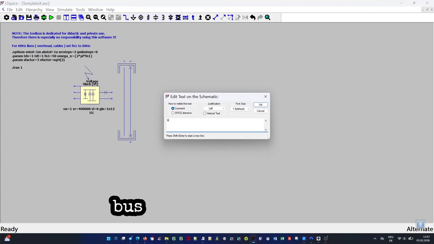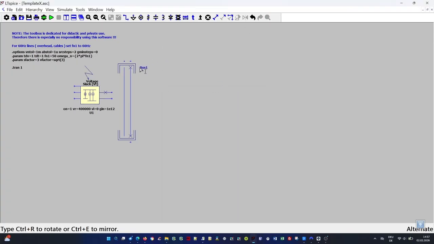I now name the bus Bus 1 with a text box. Next, I copy and name the bus twice for bus bars 2 and 3.